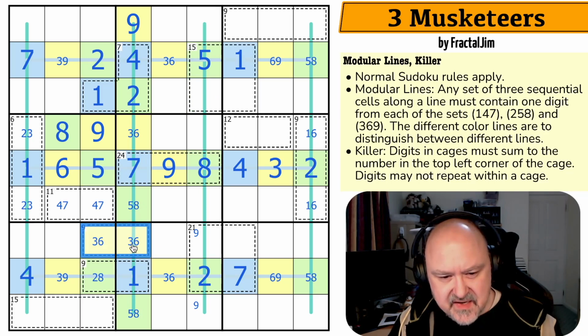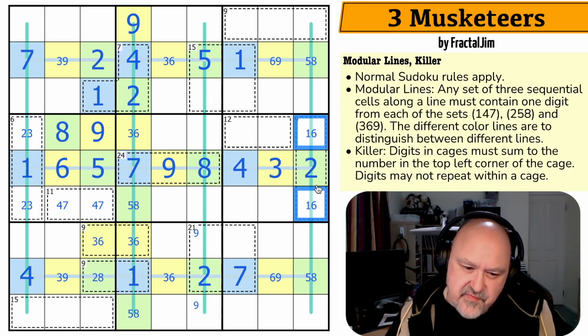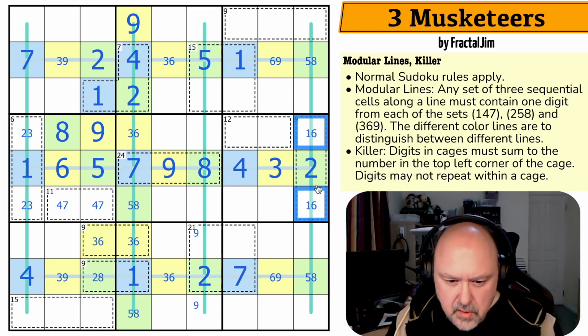Is it the same as down here now? These are either 3, 6 or they're blue and yellow. Blue and green. Now I know these are yellow and blue. This is very cool.